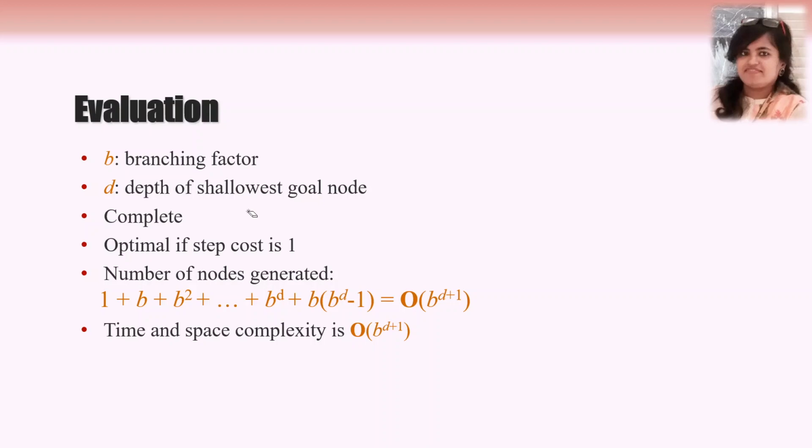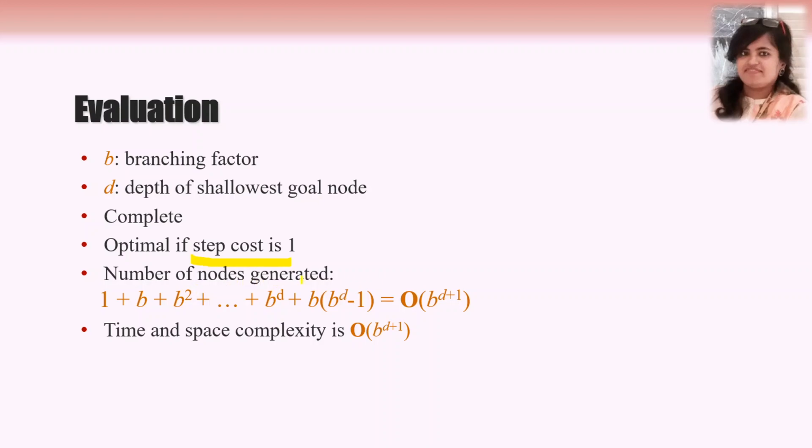Now, we have already talked about how to calculate time and space complexity: we need to know three variables b, d and m, where b is the branching factor and d is the depth of the shallowest goal node. And this search technique is a complete one. And this search technique is optimal as the step cost is 1.